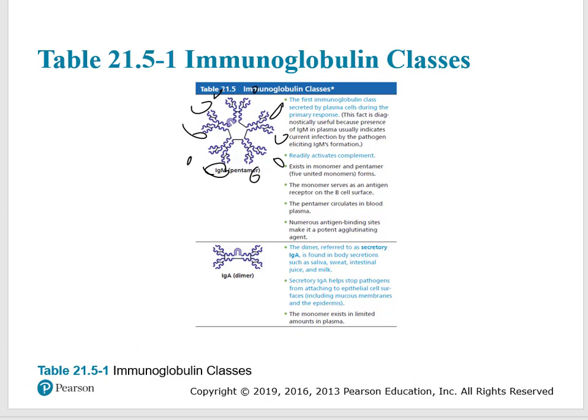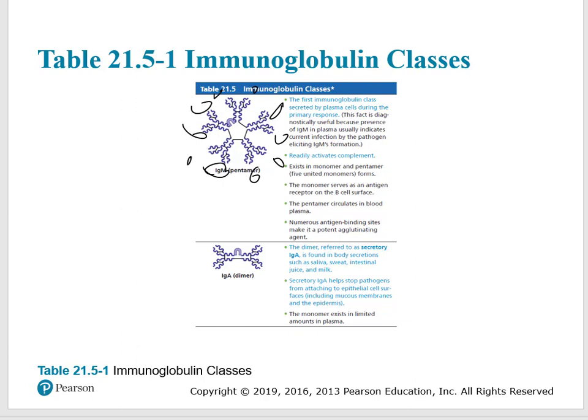Then you have IgA. IgA is a dimer. You have your disulfide bond between them, and it is released into secretions. So you'll see it in saliva, sweat, milk, intestinal juices. You'll see IgA even in your fecal matter, technically not in your urine.